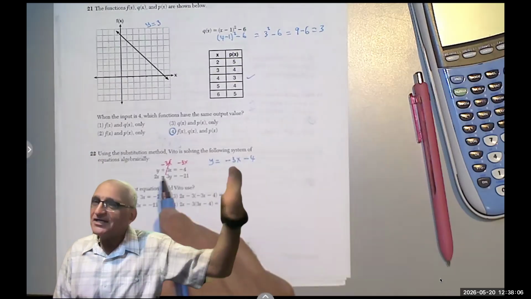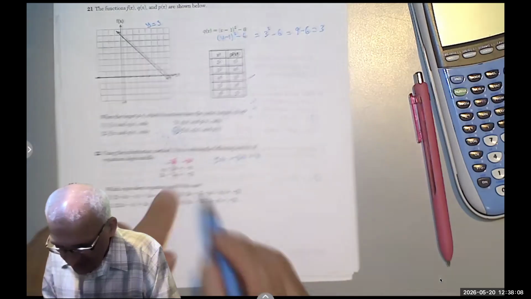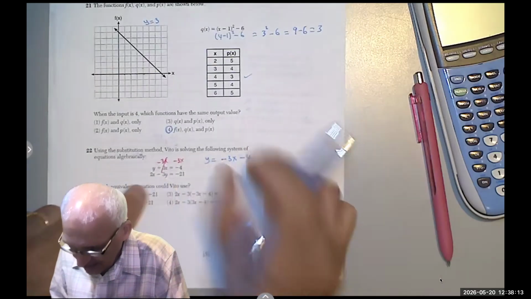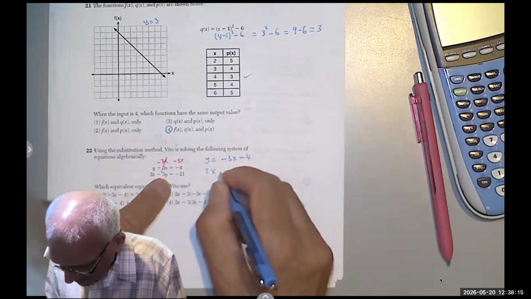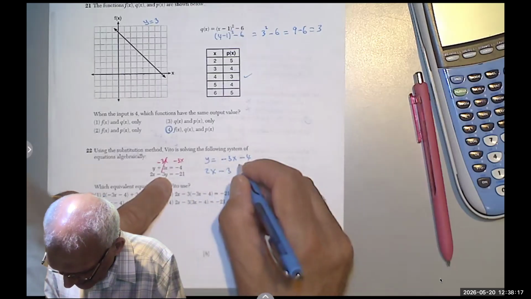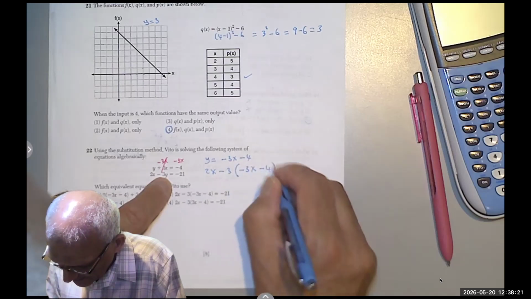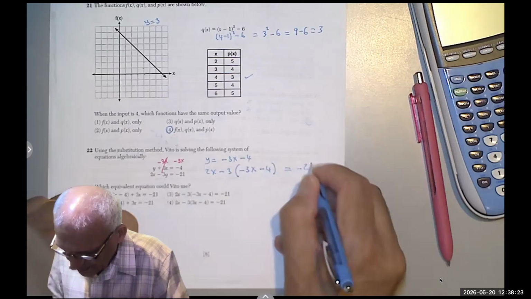And then, like we did with the function, every time I see the letter y, I'm going to replace it with this right-hand side. So I have 2x minus 3 times negative 3x minus 4 equals negative 21.